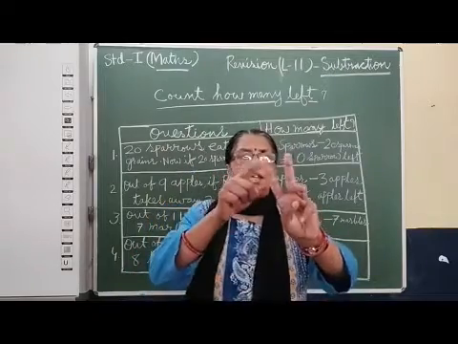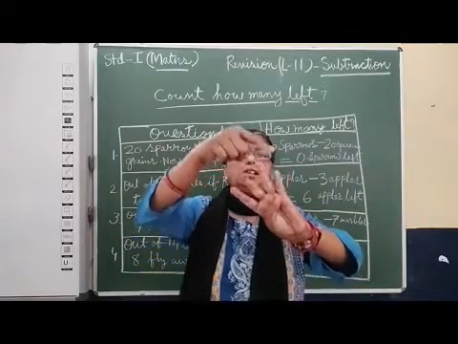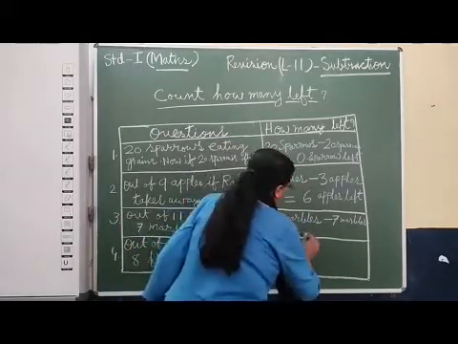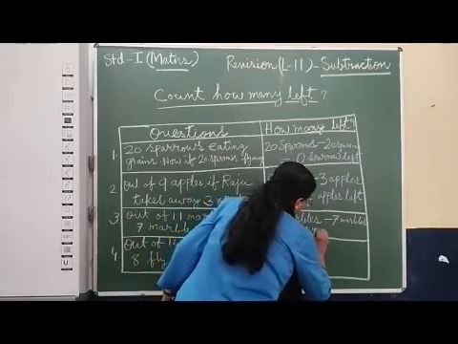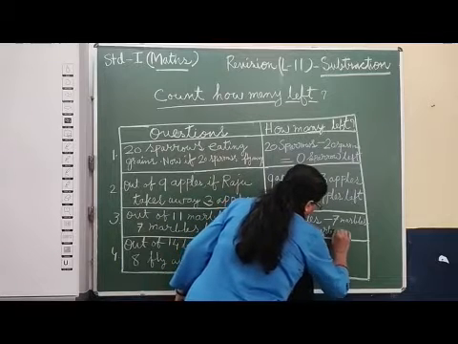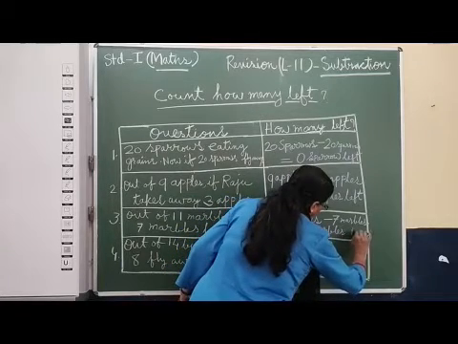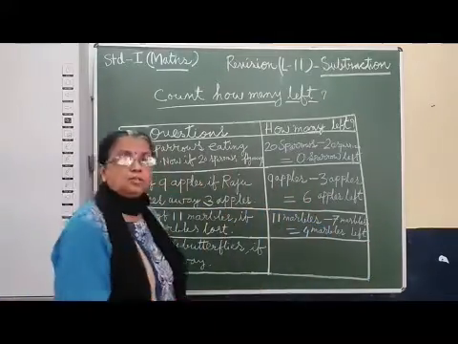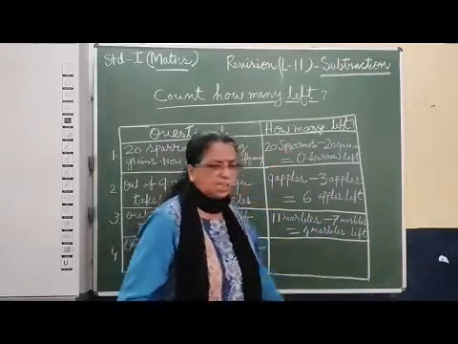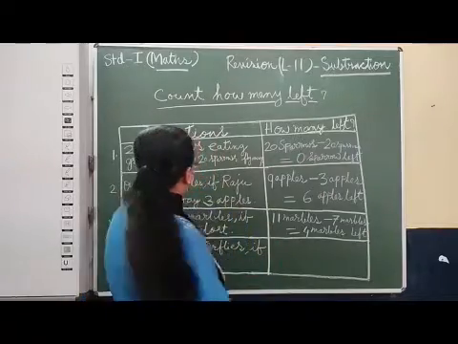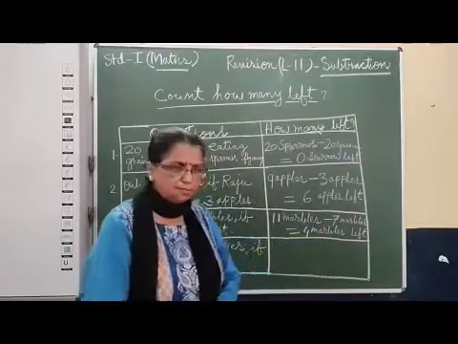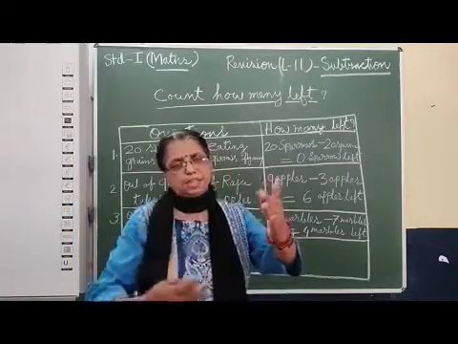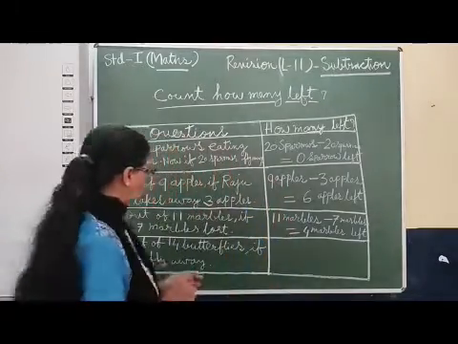After 7: 8, 9, 10, 11. How many? 4 left. 4 marbles left. Okay? This way you have to write a proper statement to show this question. Fine? That's why I have taken revision so that you can learn the method and steps properly.